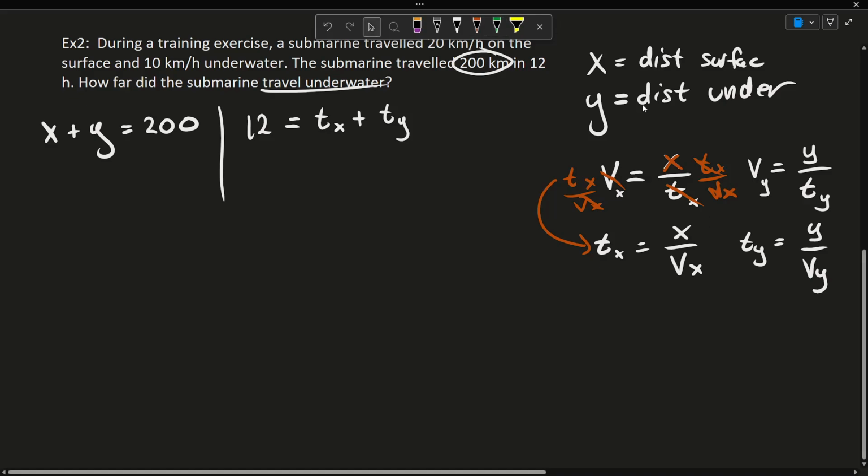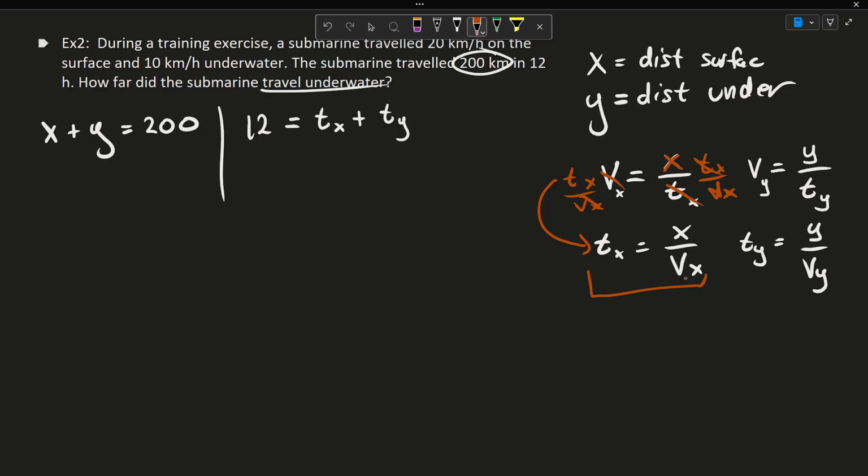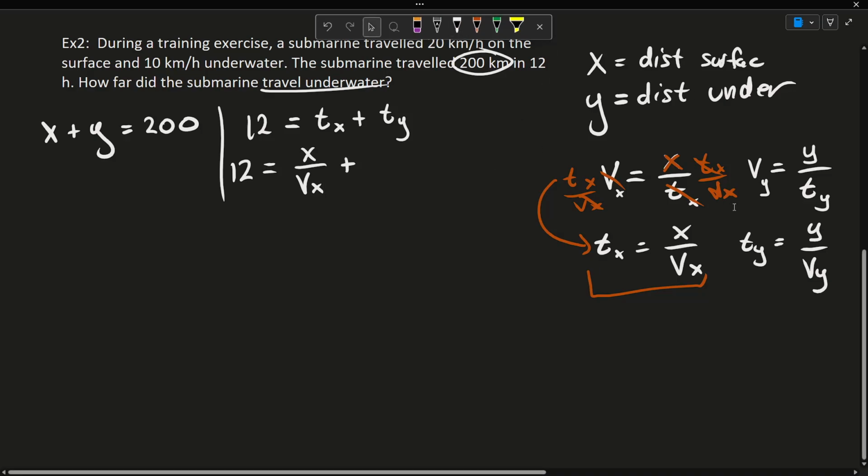And then I do the same thing for the other equation, the one that deals with y's. So as a result, I realize that Tx is x over velocity x. And so I'm going to write down that 12 is x over velocity x. And I know that Ty, or the time traveled underwater, is y over Vy.